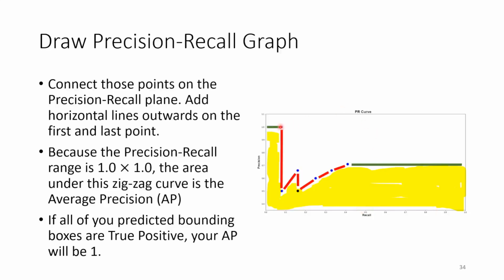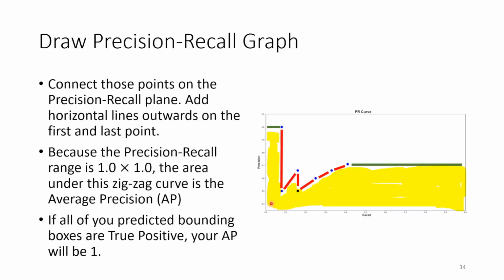And then you extend the first point to the left and the last point to the right. Then you will have a region under the zigzag curve.